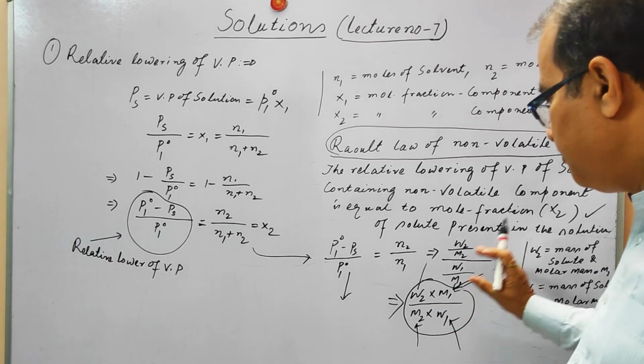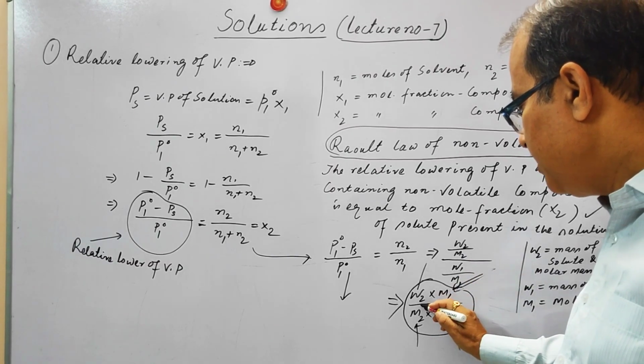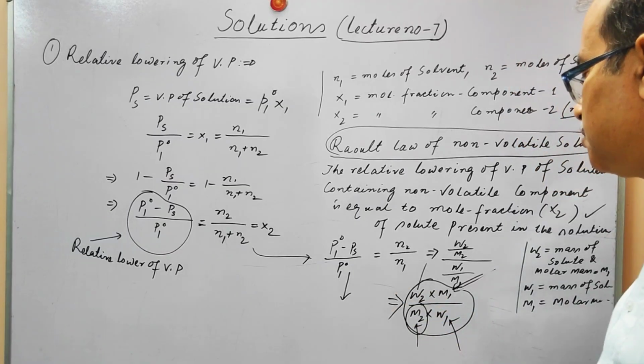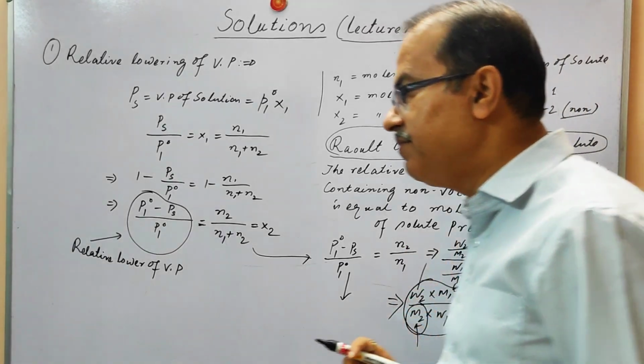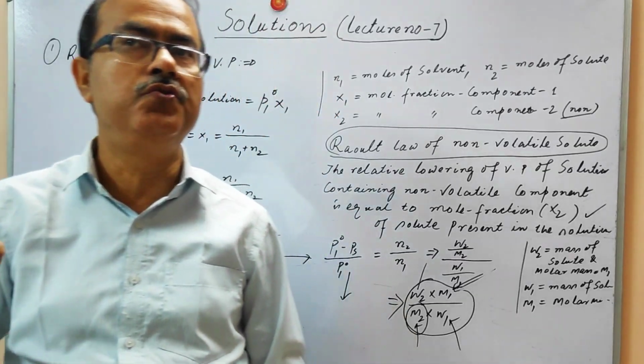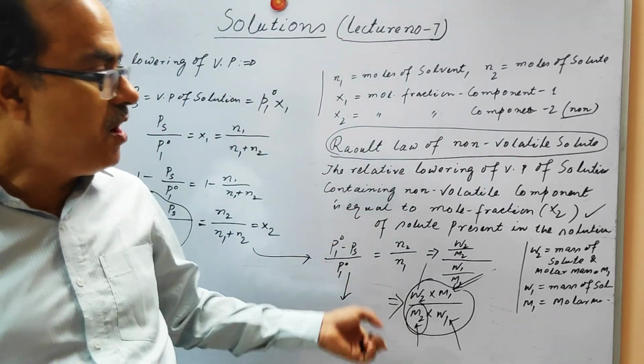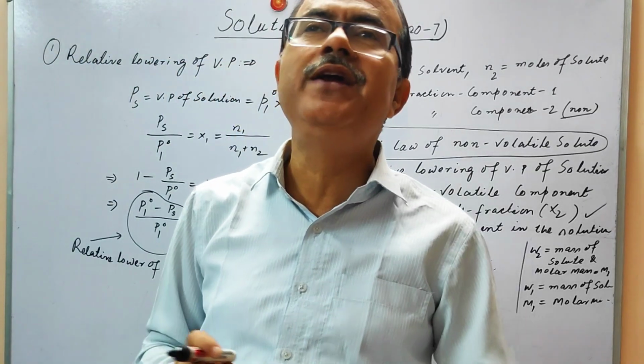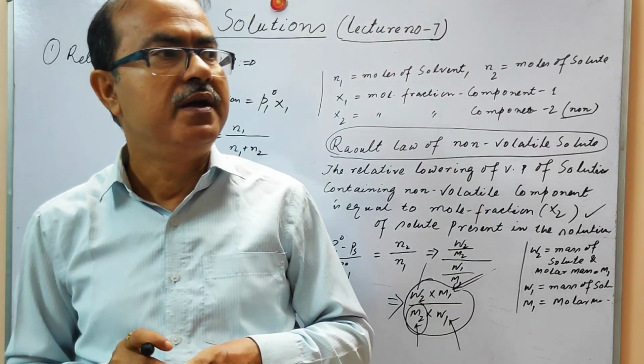If you know these, we can calculate M2. So from the relative lowering of the vapor pressure, we can calculate the molar mass of the solute. This is how we can exploit these things.